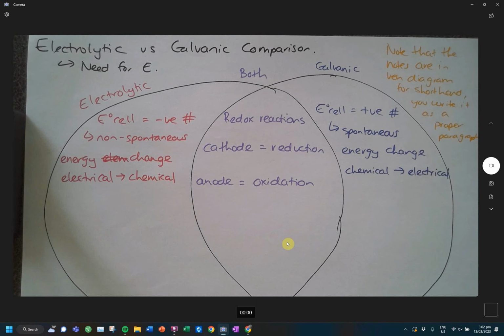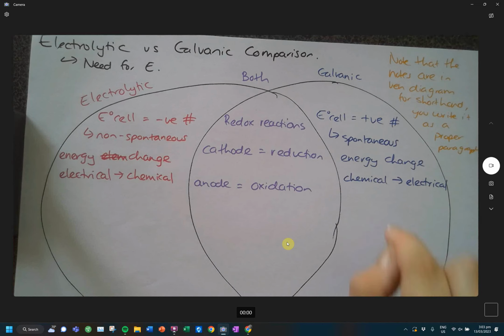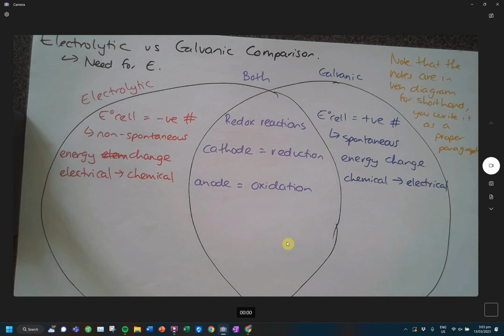We good so far? So we know it's spontaneous, it's chemical to electrical. With our galvanic cell, in this case, when we try to figure out what's going on with that reaction, what do we do? When we start this reaction, what are we looking at on our sheet? The standard reduction potential, and the one with the higher one is our stronger oxidant.